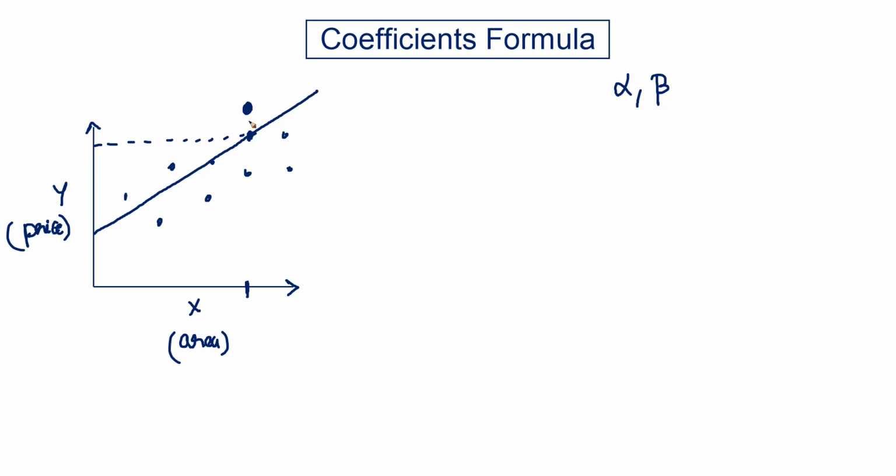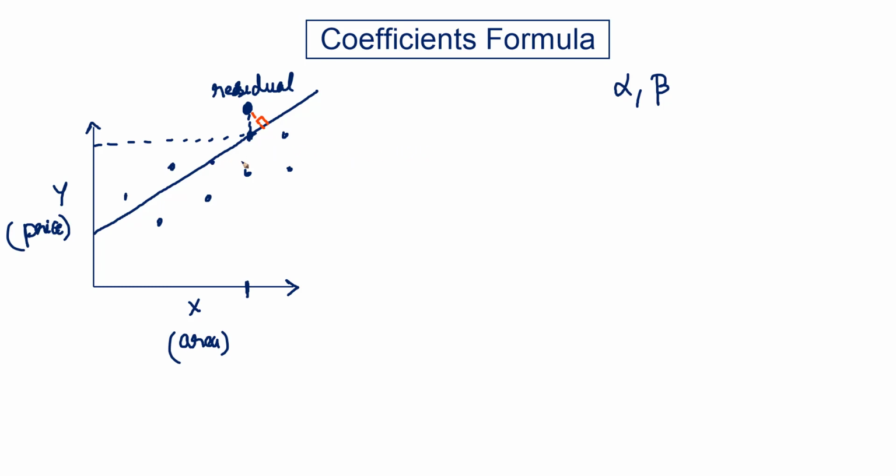Now, the distance along the y-axis between the line and the actual value is called the residual. Note that this is not the shortest distance. This is the shortest distance, whereas the residual is the distance measured along the y-axis.